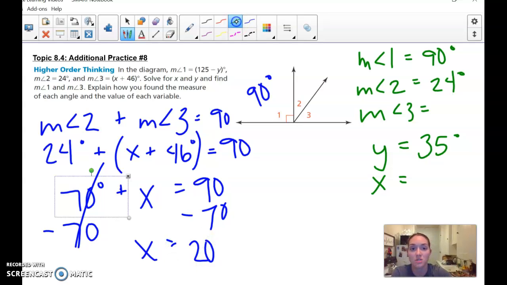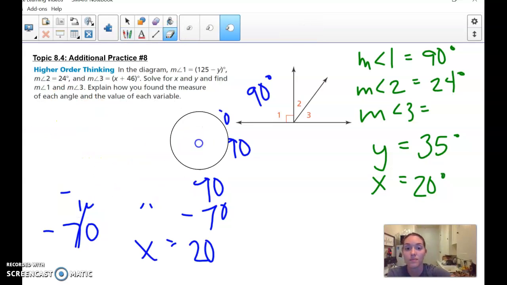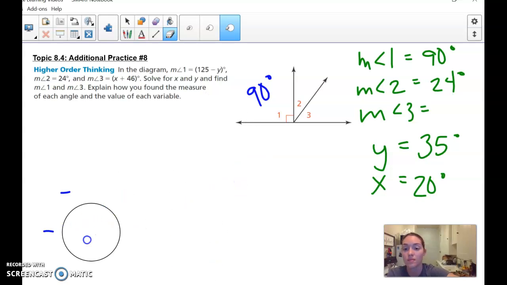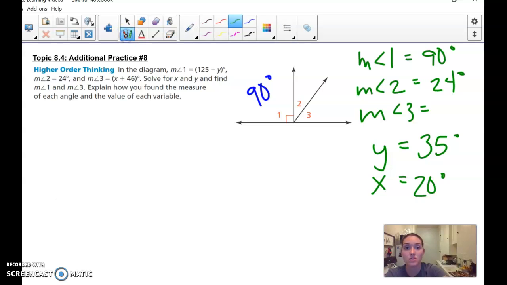So I'm going to finish my variables over here. And now the last thing I need to do is find the measure of angle 3. So the measure of angle 3 is x plus 46. I'm just going to put that into an equation.